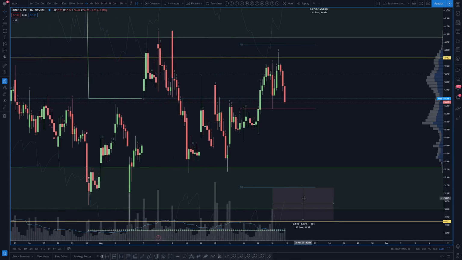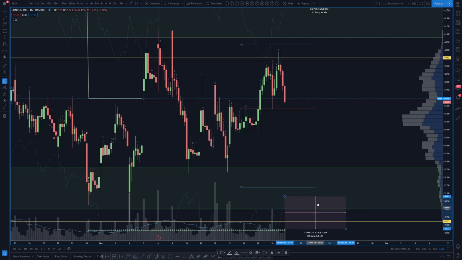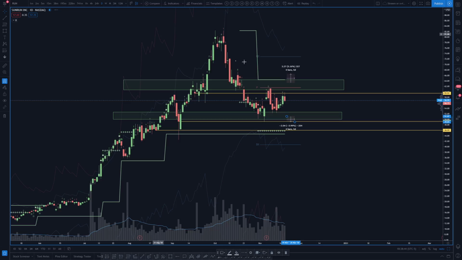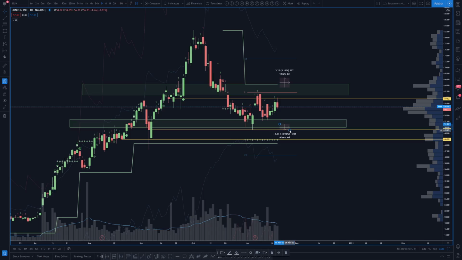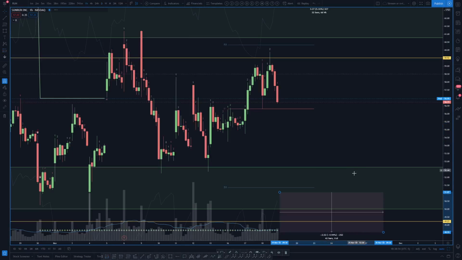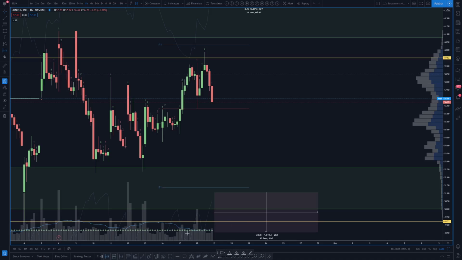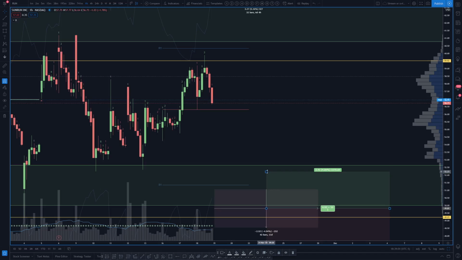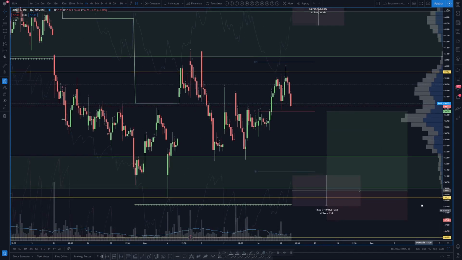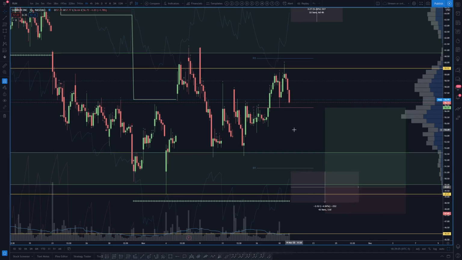Quite far from here. Really, it's just the long in the near term that is setting up. Something like that, perhaps, if we're to come down and test this range.